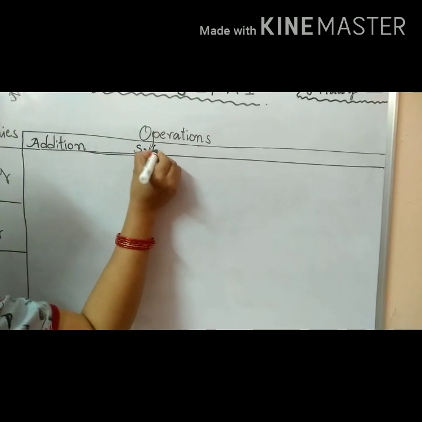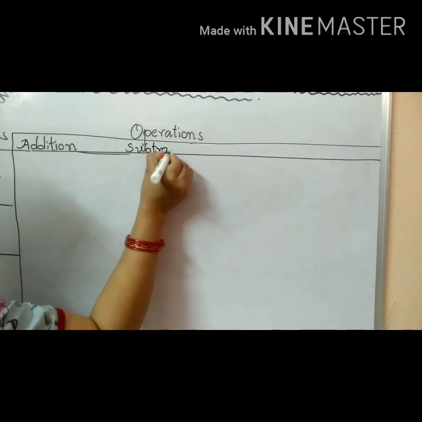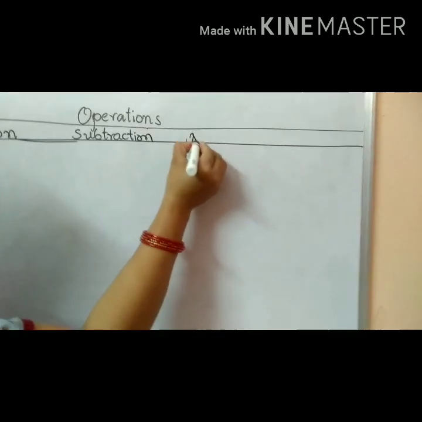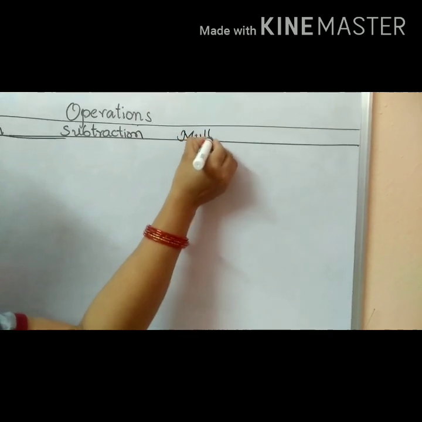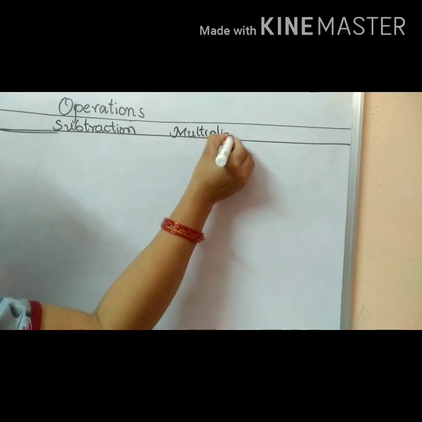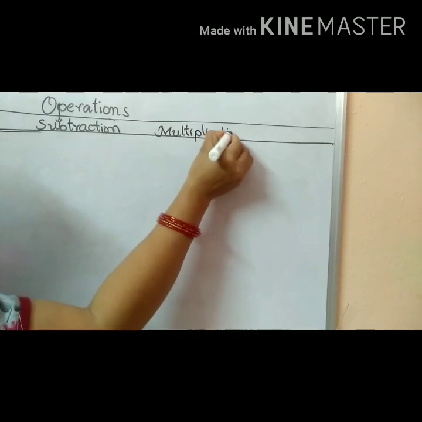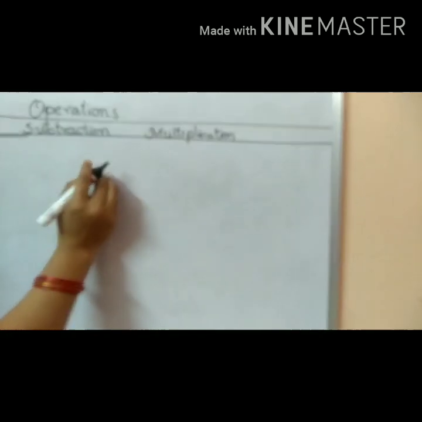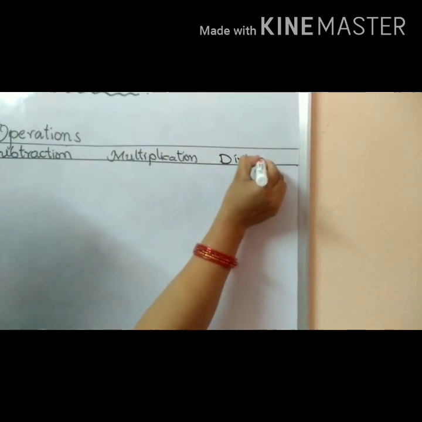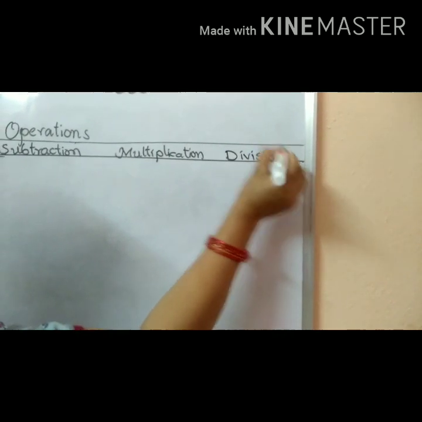The second one is subtraction. The third one is multiplication. The fourth one is division. So it is operations and properties.